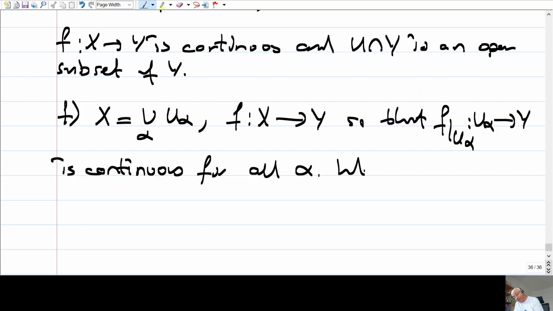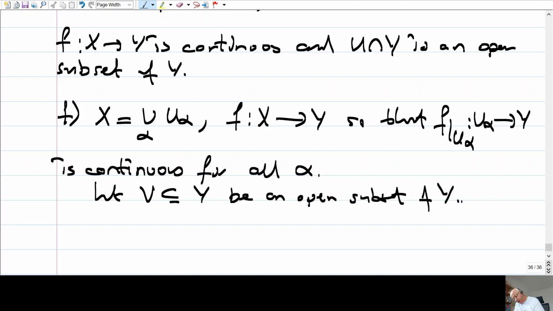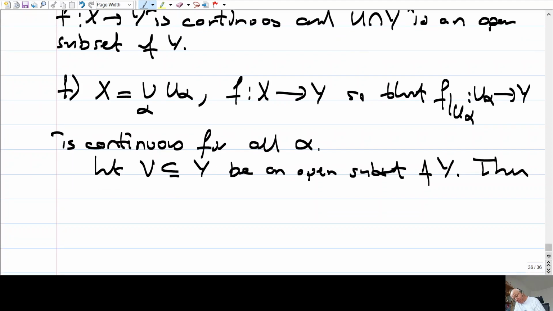Well, okay, so let v be an open subset of y. Then what is the inverse image of v?